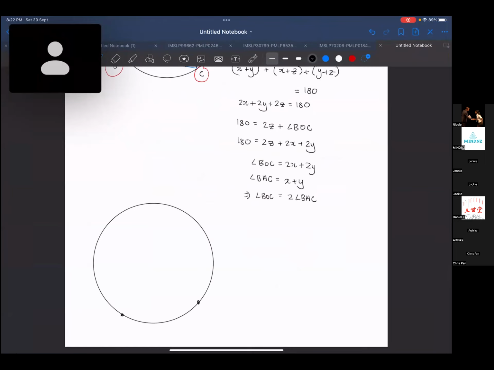So say we have an angle here. Then the arc that it's subtending will be the one here, right? And then similarly, if we had an angle here, and it was this angle, then the arc that it's subtending would be here.